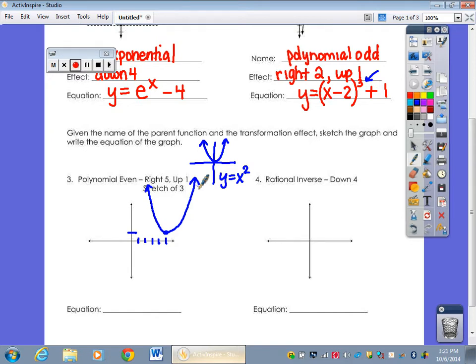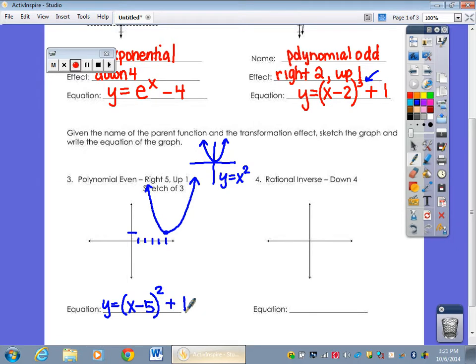So now when we write the equation, the right 5 tells us that it's going to affect inside the function, and to the right means that you would think it should be plus, but it's actually going to be minus. So this is going to be x minus 5 quantity squared, that's inside the function. And then up 1 means that we have to add 1 at the end.